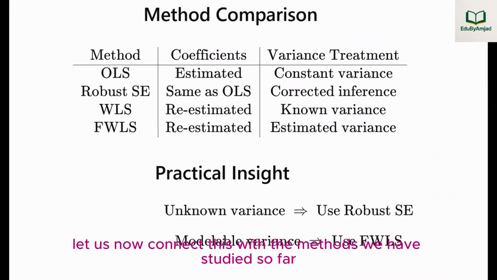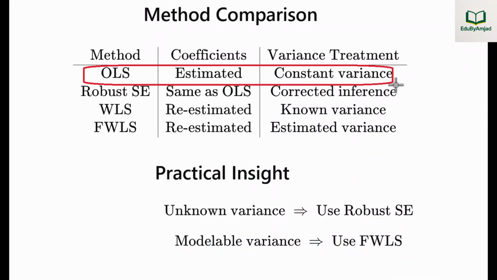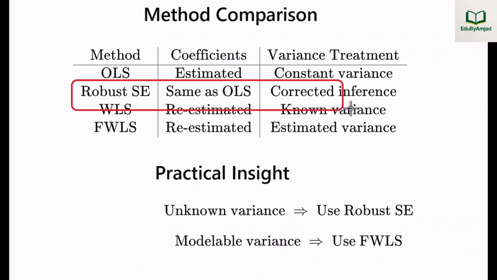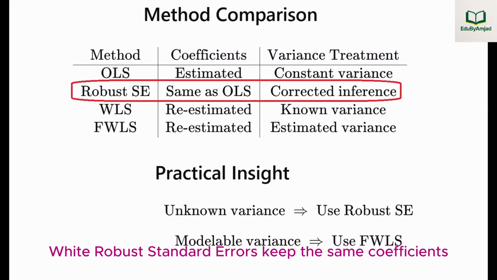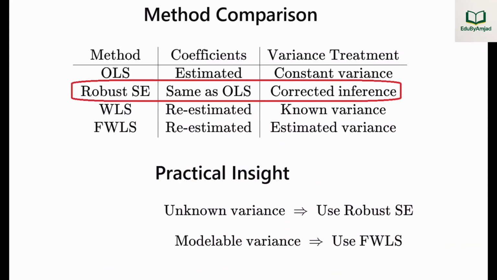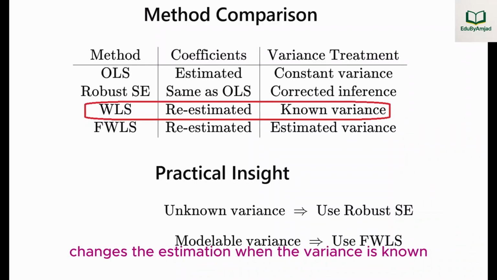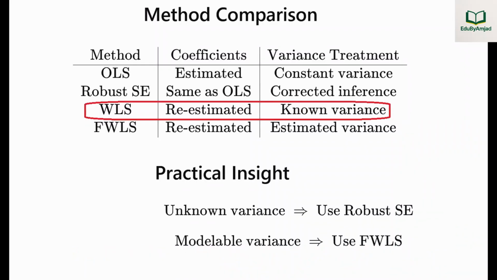Let us now connect this with the methods we have studied so far. Ordinary least squares assumes constant error variance. White robust standard errors keep the same coefficients but correct inference. Weighted least squares changes the estimation when the variance is known.